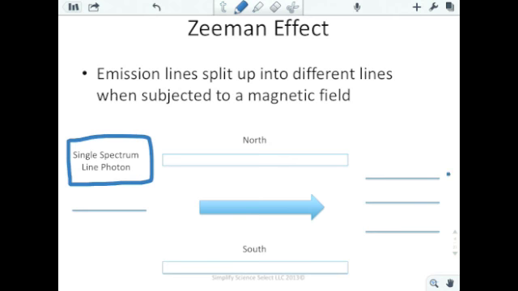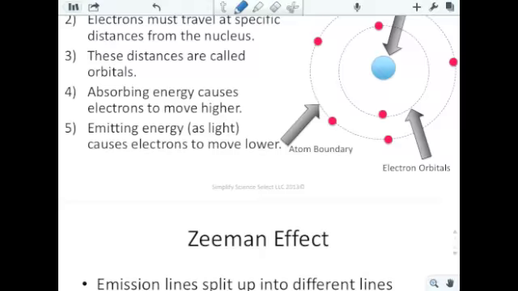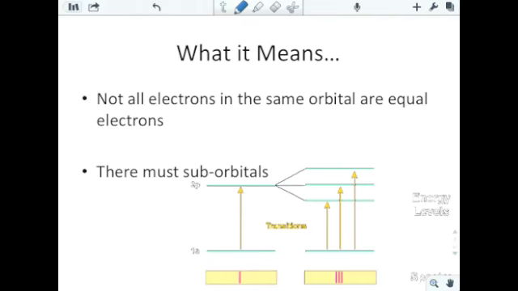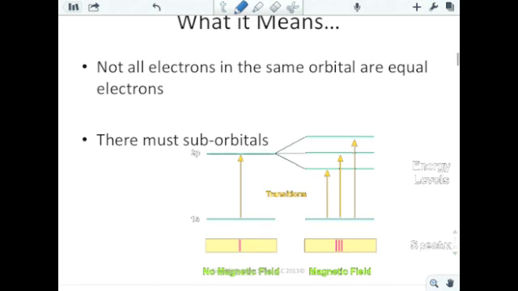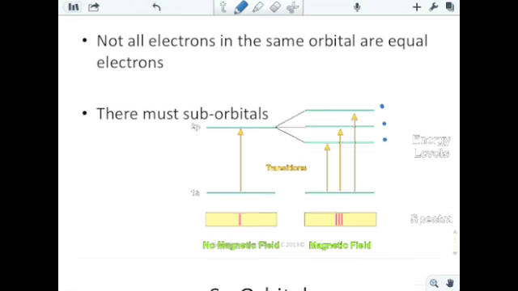Basically this means that not all electrons in the orbital are equal, so there must be suborbitals. As this one line breaks up into 3 different lines, we call these suborbitals, and these are where electrons are going to be located.